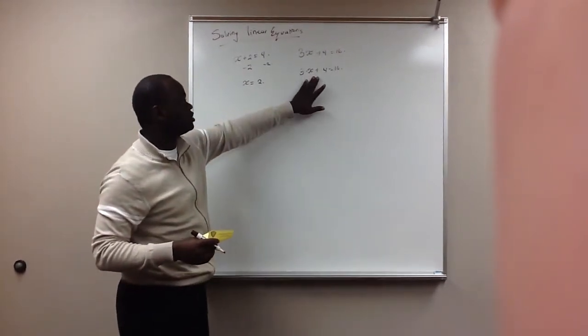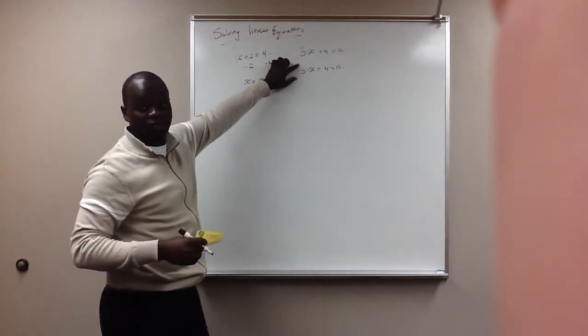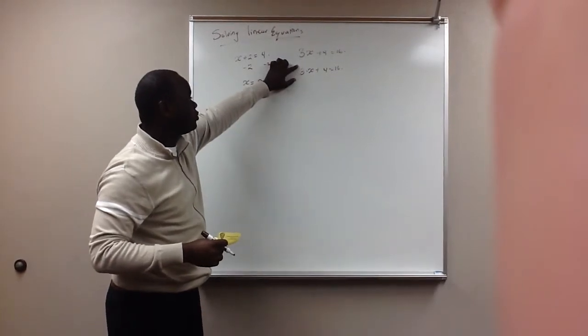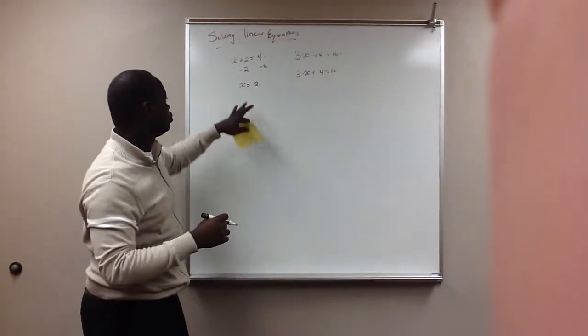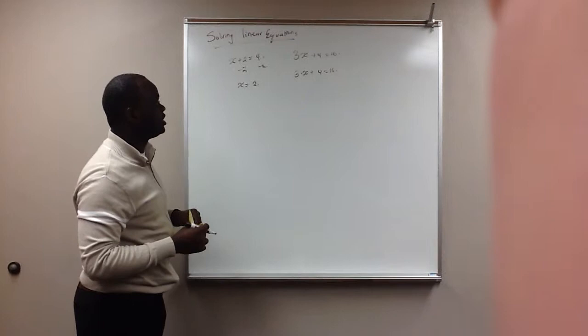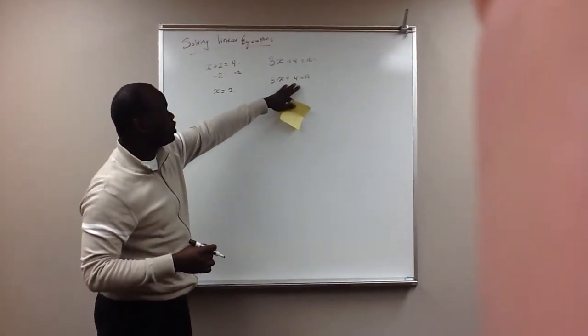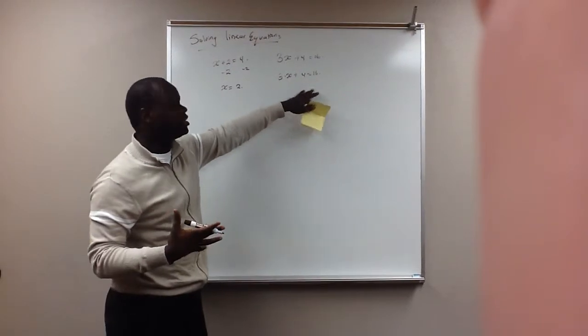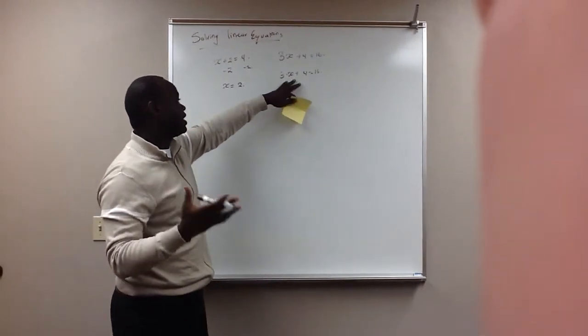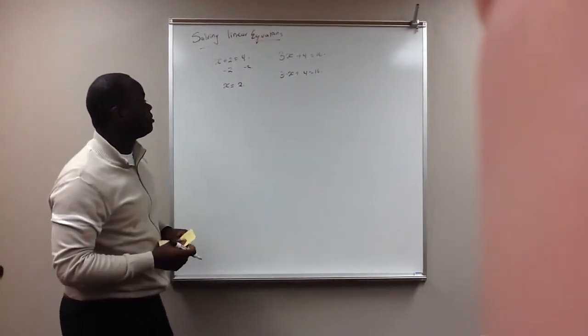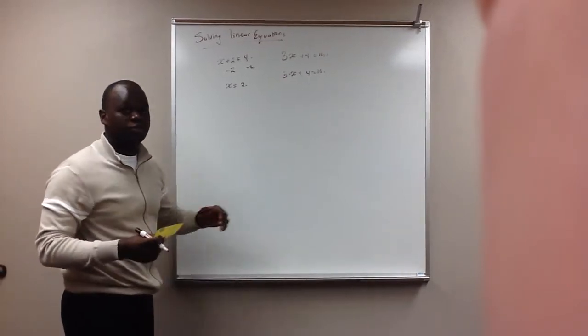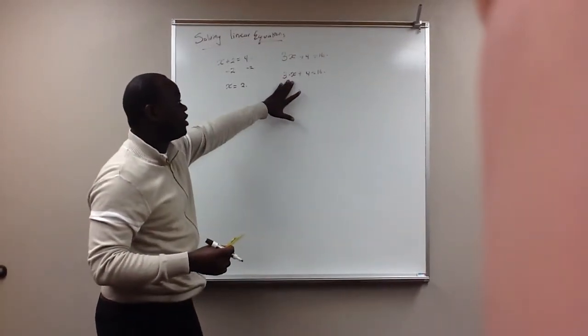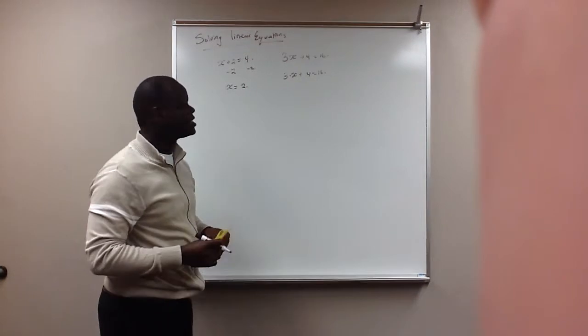It's a linear equation, but the x has a factor of 3. And you would apply the same concept that we did here, whereby you bring all the constants, or all the like terms together, and all the unlike terms you put in one place. The good thing about this question is we only have one variable to worry about, which is x.